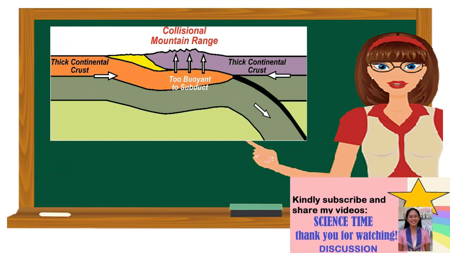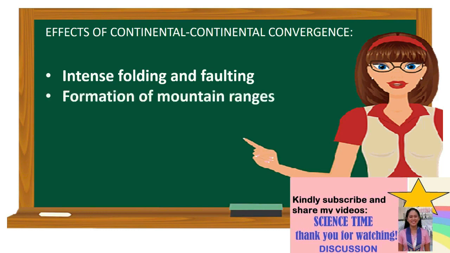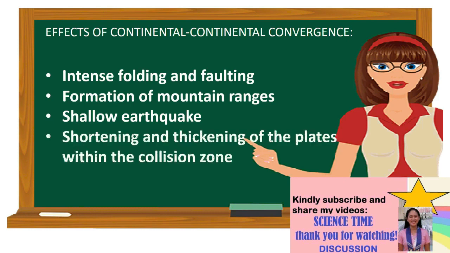Effects found at a convergent boundary between continental plates include intense folding and faulting, a broad folded mountain range, shallow earthquake activity, and shortening and thickening of the plates within the collision zone.